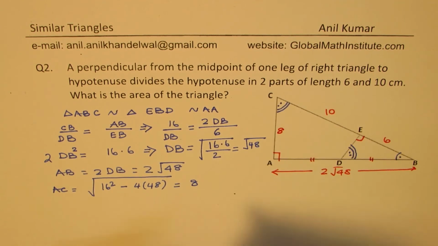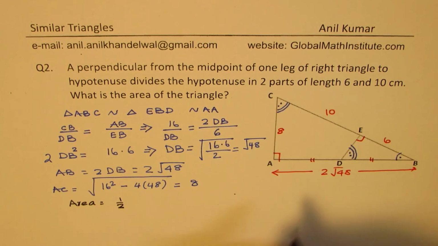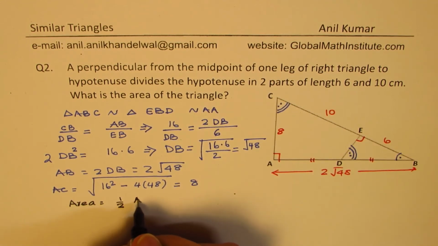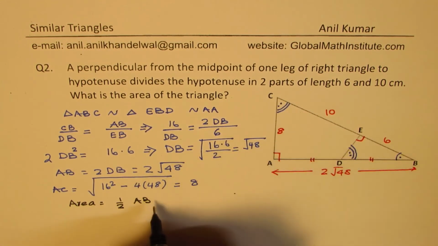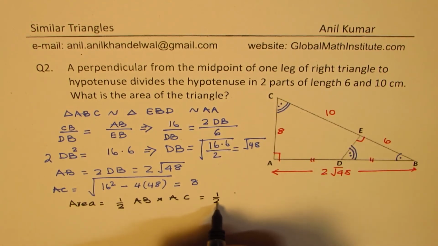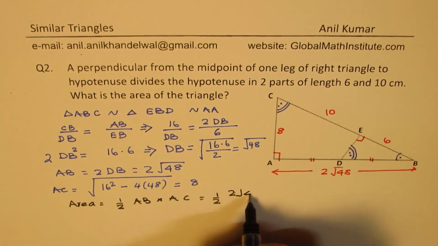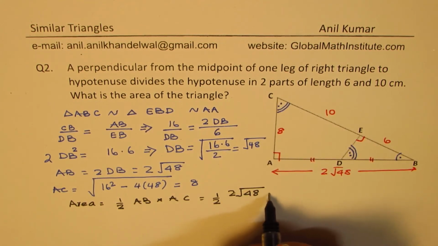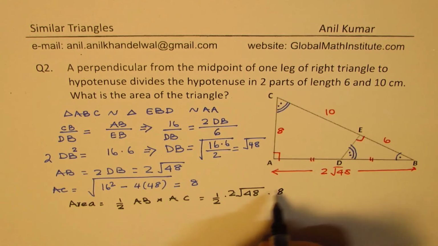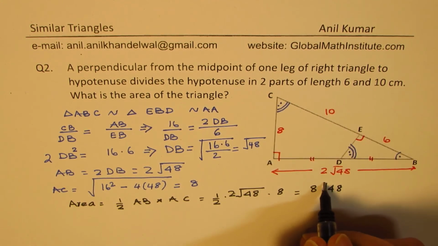And therefore, we can now write down the area, which is half of base, which is AB, times AC, the altitude. So it is half of AB is 2 square root 48 times 8. So which is 8 square root 48.